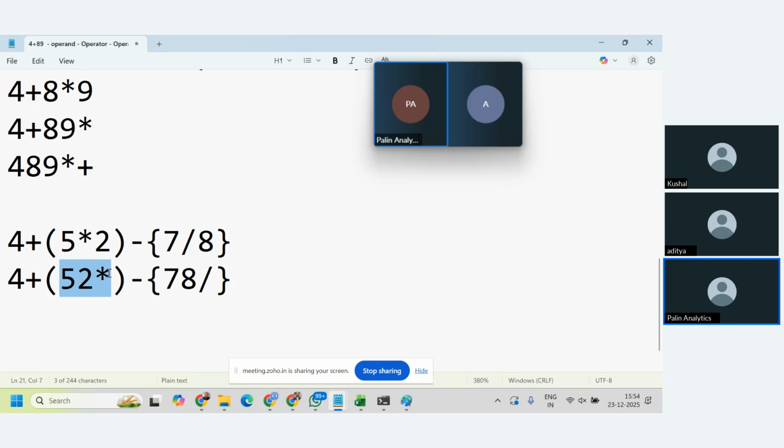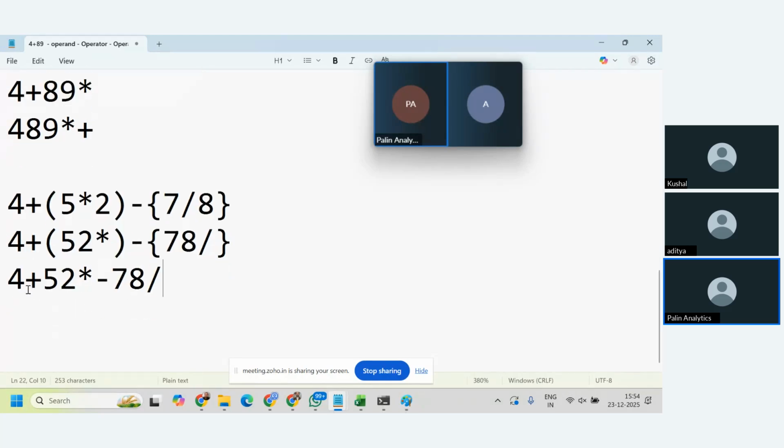Now inside these brackets, there is just one operator and also only operands, right? So what will happen? Now the equation will be like 4 plus 5 2 into minus 7 8 divide, right? So this is converted now. Now we can convert this portion into prefix. So now what will happen? Plus 4 plus 5 2 into 7 8 divide and minus, right?